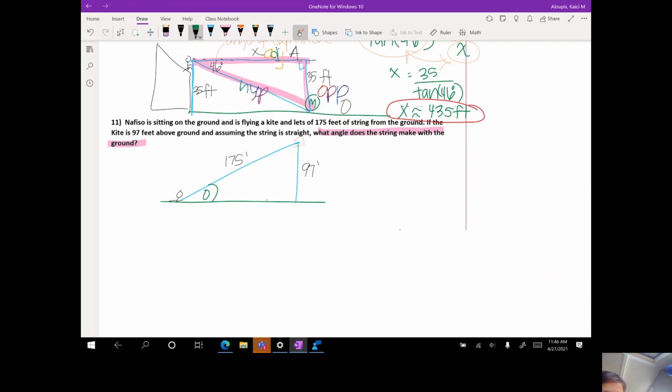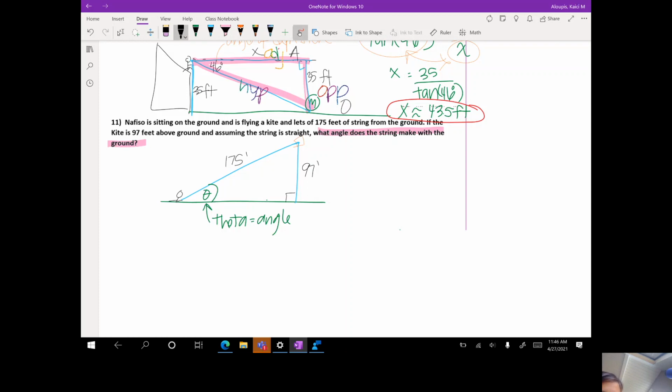I'm going to call it theta. Theta is equal to my angle. Theta is just a Greek letter that we might use to label an angle. Okay, so we have to again ask ourselves, here's my angle. I have this side and this side. Which trig ratio do I use?